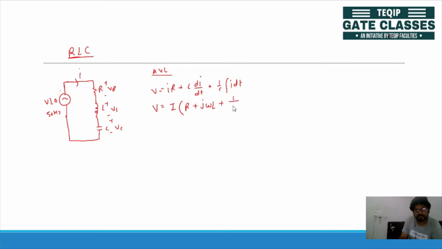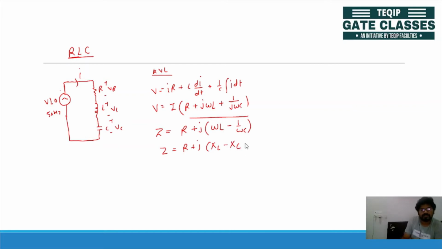So from Ohm's law, this will be your impedance Z. Z is equal to R plus j times omega L minus 1 upon omega C. This means Z is equal to R plus j XL minus XC. So this is your impedance of the circuit in ohm.